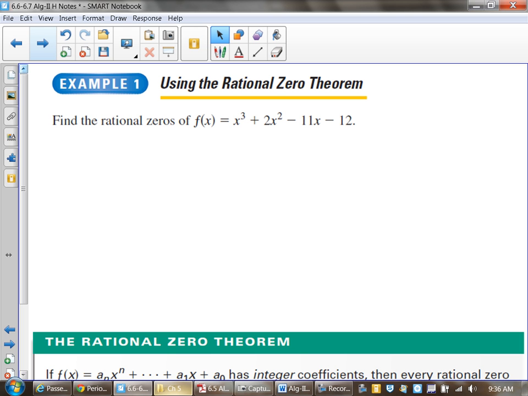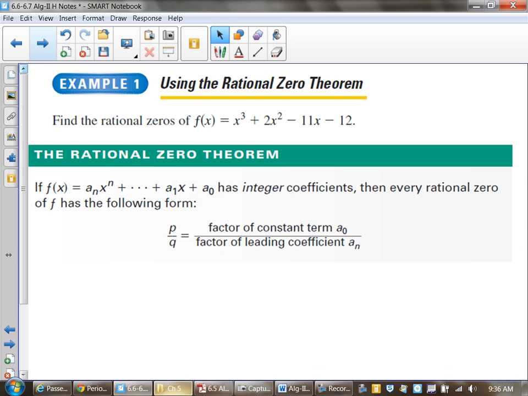Well, there happens to be a rule for figuring out what the zeros are to start with, and it's called the rational zero theorem. And it basically is nothing more than the fractional amounts of the constant divided by the leading term's coefficient.